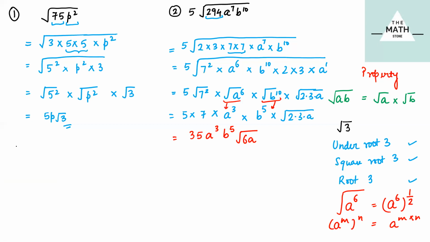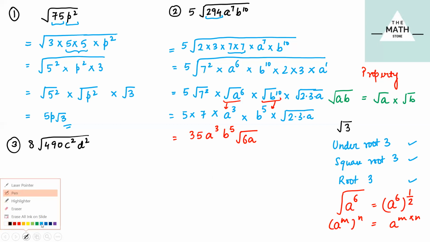Question number 3. Okay, we have 8 times the square root of 490 times c square d square. So the first step is to find the prime factorization of the numerical part, that is 490.